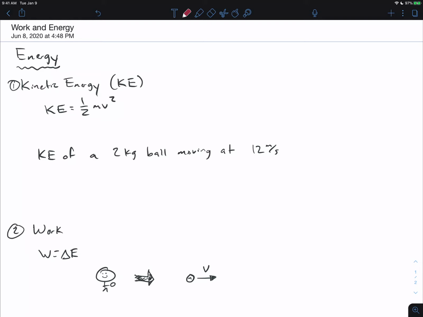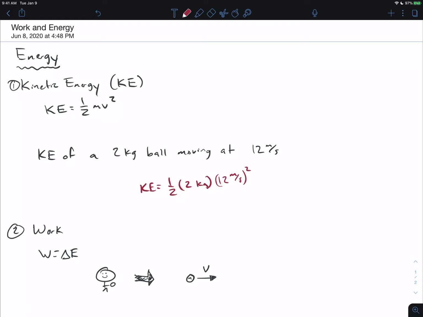So we'll just quickly do an example. I want to know what is the kinetic energy of a 2 kilogram ball that is moving at 12 meters per second. We can do this with our formula very easily. We can say 1/2, my mass here is 2 kilograms, and my speed is 12 meters per second, squared.